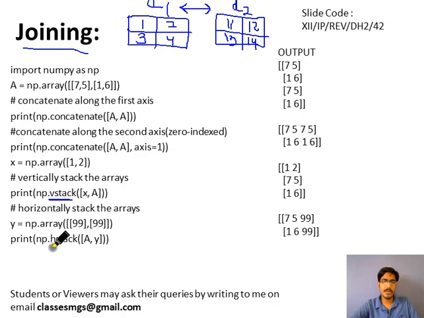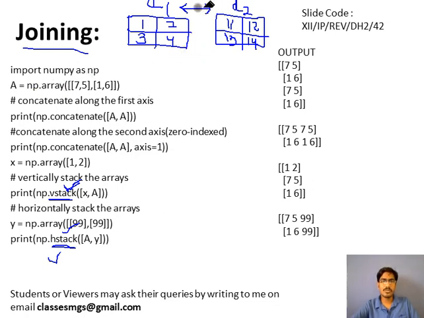Vertical joining and horizontal joining can be done with the help of the vstack and hstack methods. If you want to join the arrays horizontally, you will use the hstack method, and if you want to join the arrays vertically, you will use the vstack method. We will see these with an example.